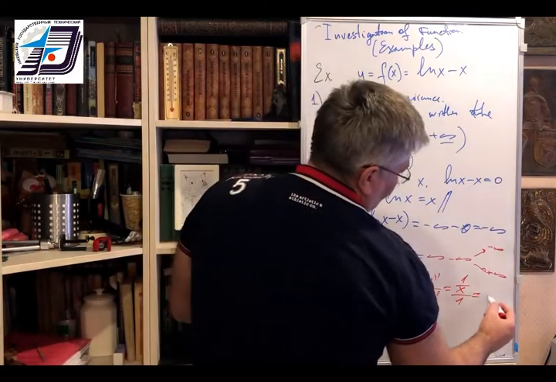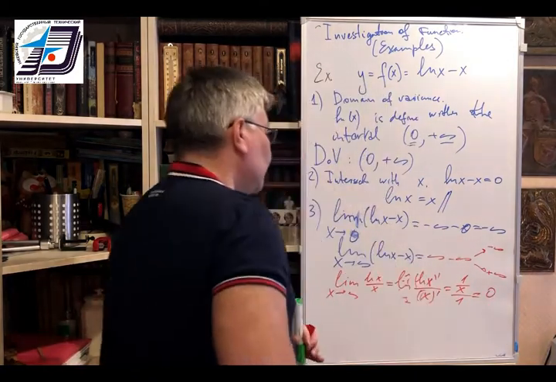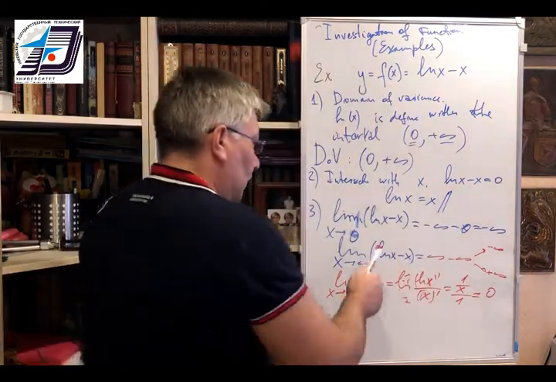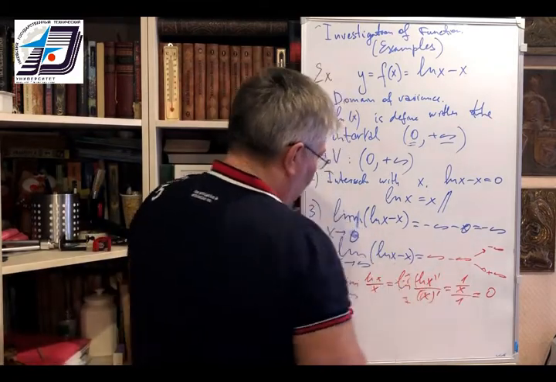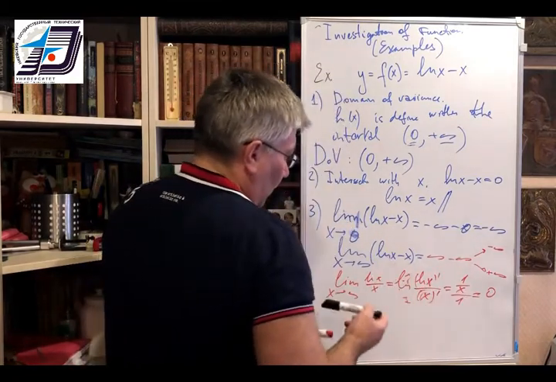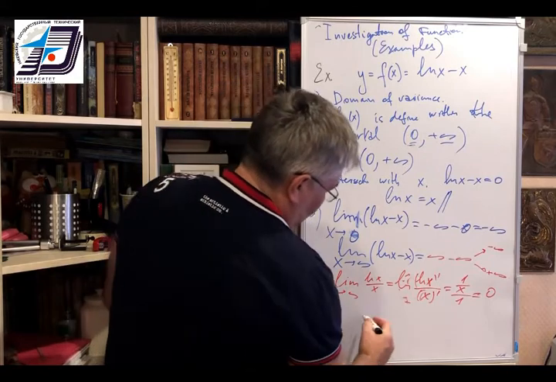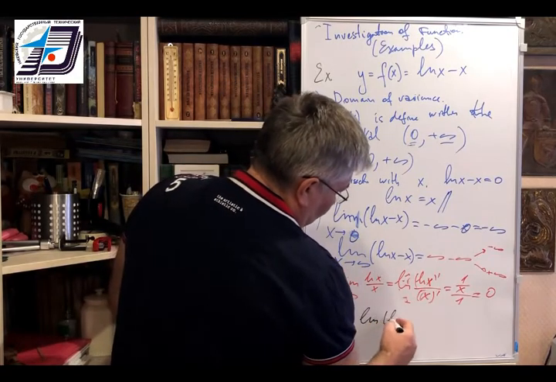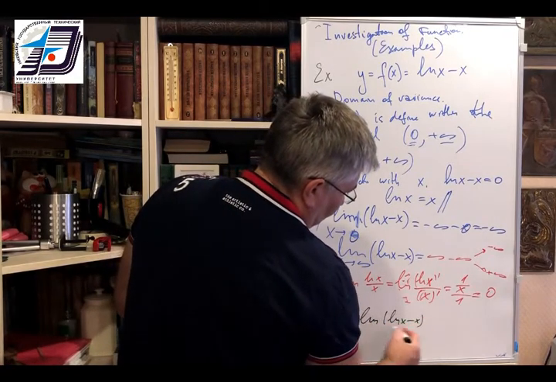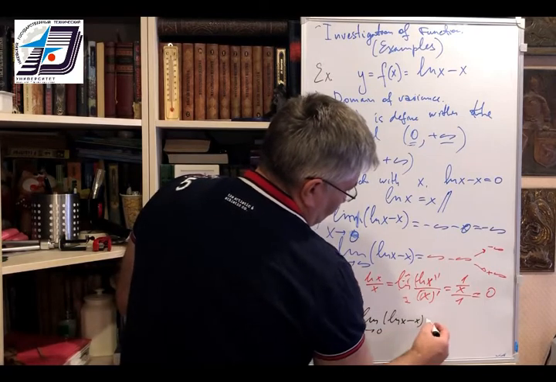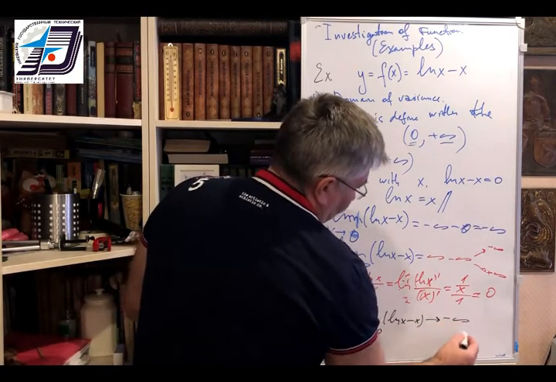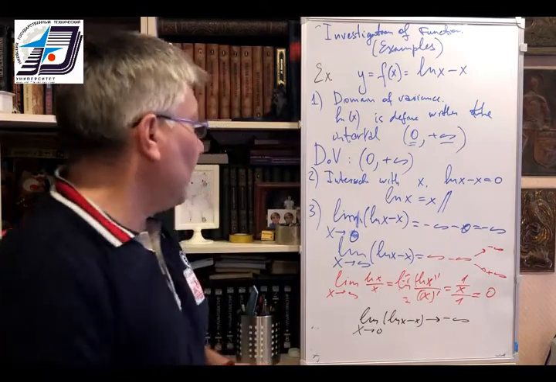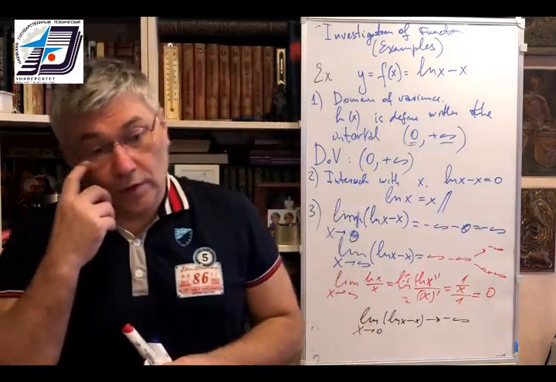It gives you 0. So it means that the limit of ln x minus x as x tends to infinity tends to minus infinity. This is the first part of the investigation of the logarithm.